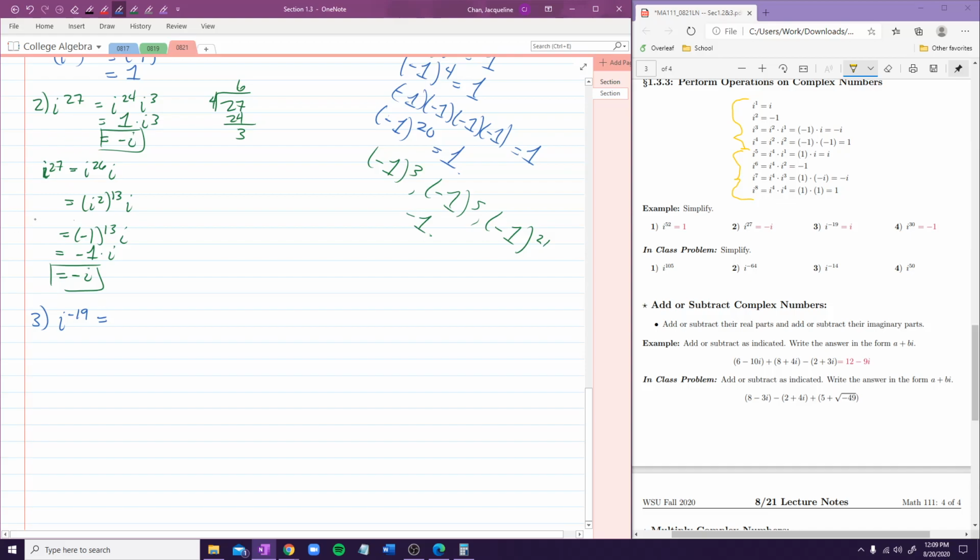This is going to be for method 2. I guess it could be for the first method as well. I'm just going to make this even. My goal is to make it i to the negative 20, because that's the next even one, and then I'm just going to do i. Let's test it. Negative 20 plus 1, that is negative 19. So this is the exact same as this.